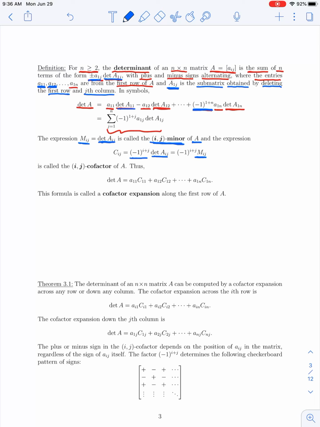And this alternating sign times the ijth minor is denoted as capital C sub ij, and is referred to as the ij cofactor of the matrix A.